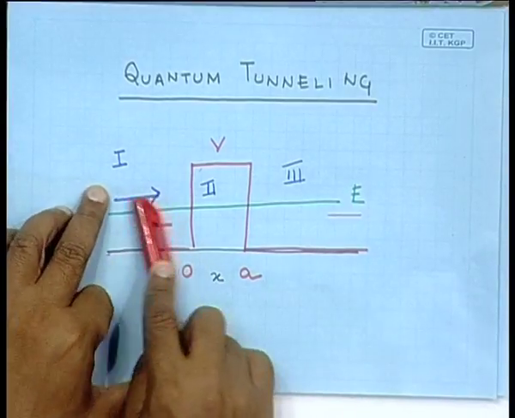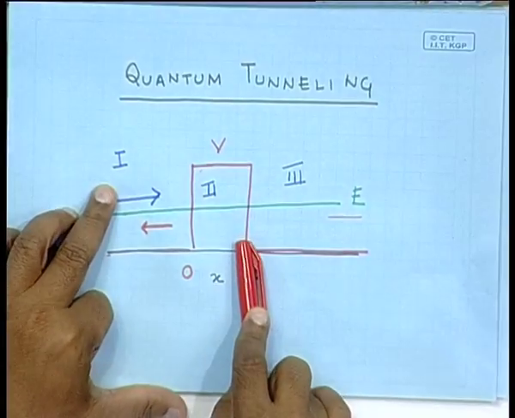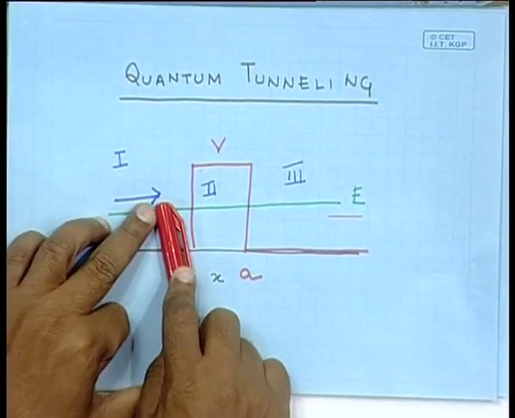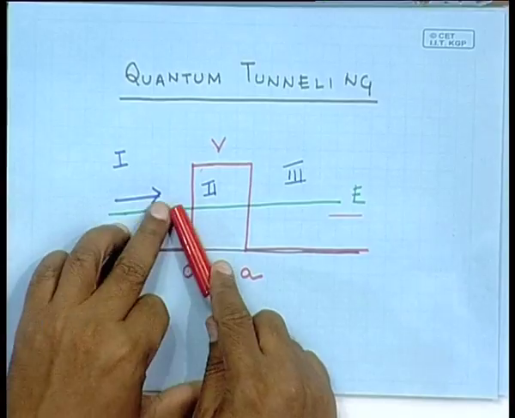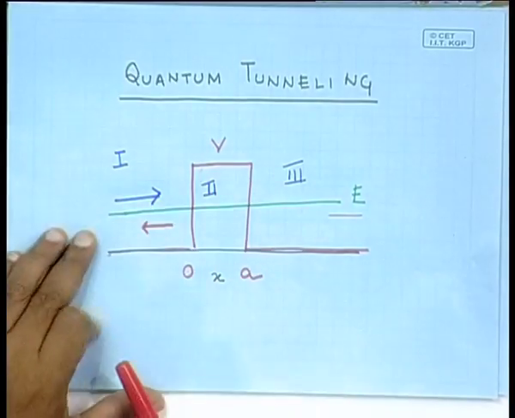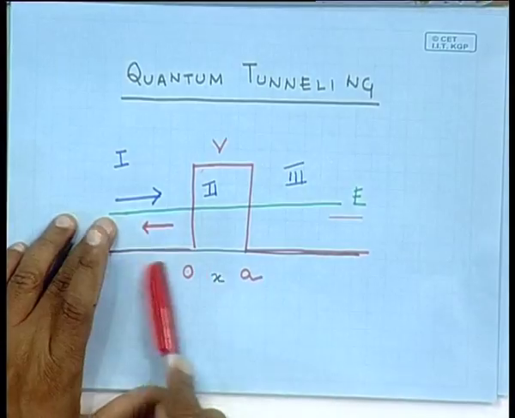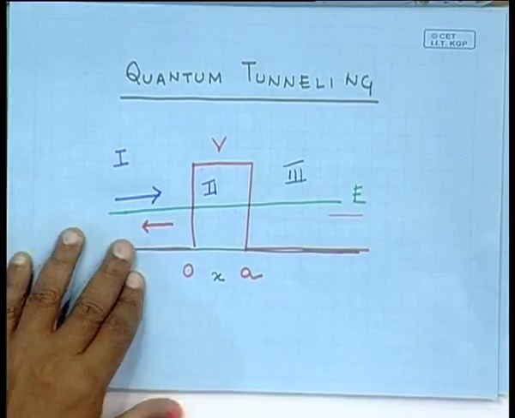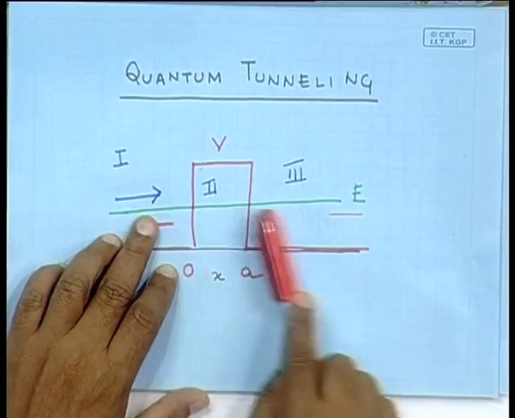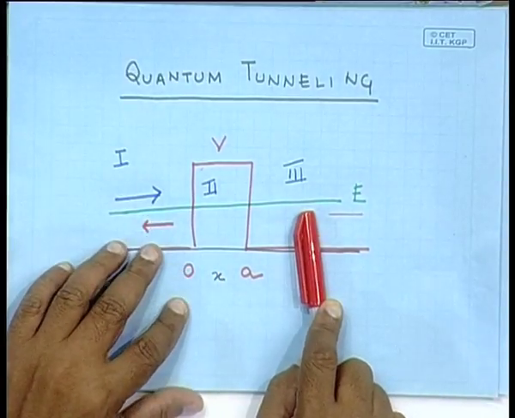So, it is as if a particle which is being sent on this potential barrier does not have sufficient energy to go over this barrier, but when you use quantum mechanics to analyze such a situation, you find that there is a finite probability that the particle may get through to the other side.